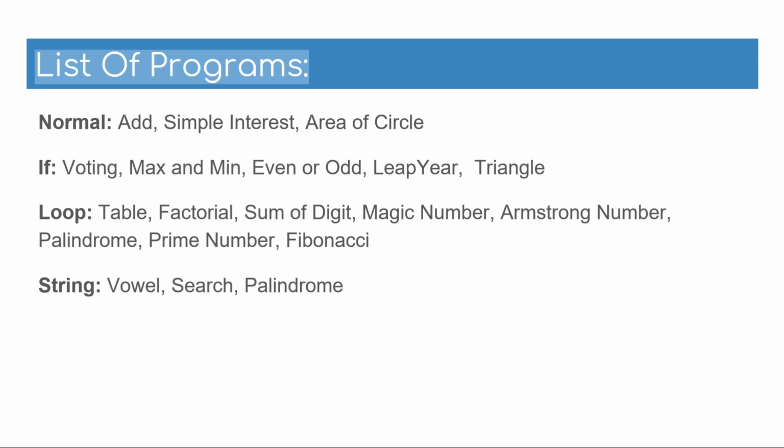In normal I have done the program of addition, simple interest, area of circle, using the if else, voting, maximum and minimum, even or odd, leap year program, triangle, and in the loops I have done table program, factorial program, sum of digit, magic number, Armstrong number, palindrome, prime number, and Fibonacci. Similarly, in string I have done vowel, search, and palindrome.